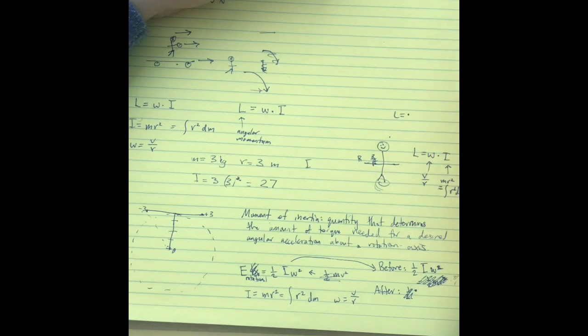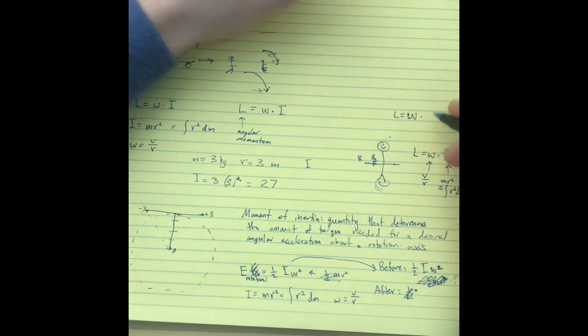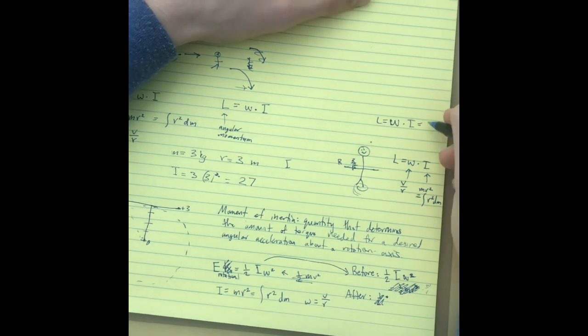Angular momentum equals angular velocity times moment of inertia, and that's equal more specifically to v over r times mr squared.